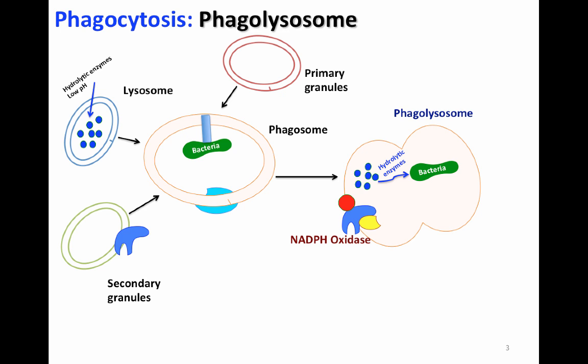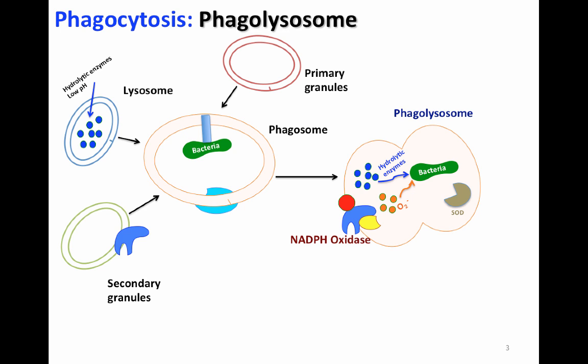This NADPH oxidase is required for the generation of superoxide anion, an oxygen radical that participates in destroying the microbe. Other enzymes within the phagolysosome utilize superoxide anion as a substrate to generate other free radicals.